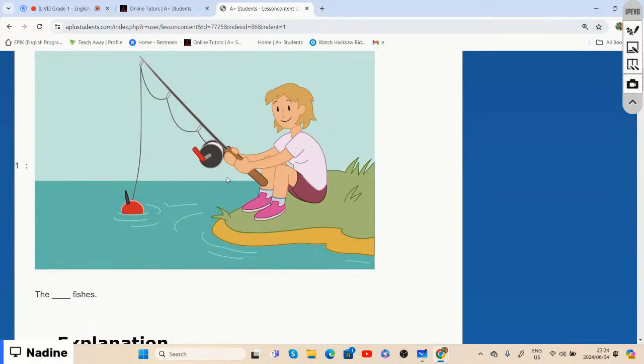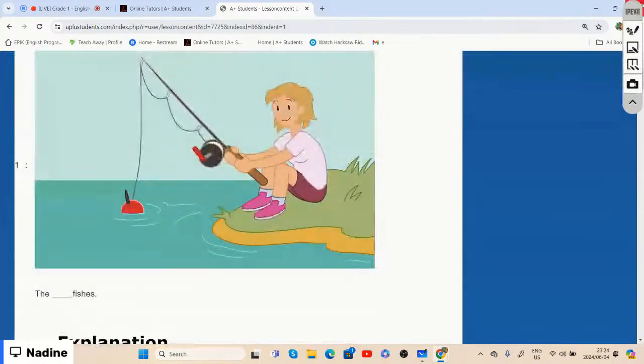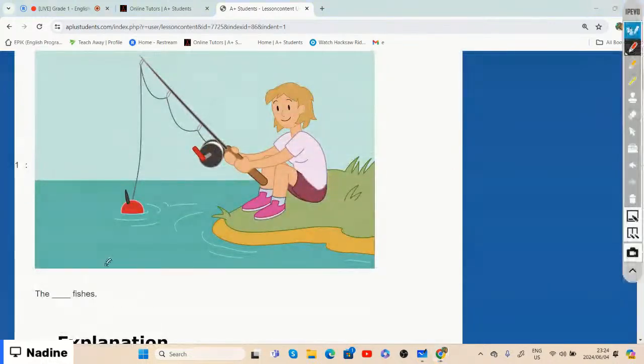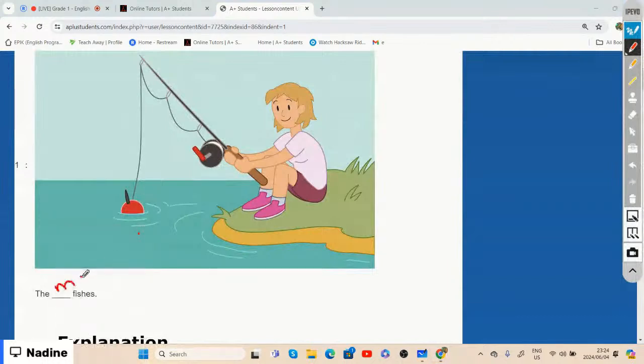All right. So if we were to identify who fishes, then we can either say the man fishes, or we can say the boy fishes, right? We can even say the girl fishes because I don't know if it's a girl, because they're showing some bodily parts there. Okay, let's even say the girl fishes because I can't seem to identify. Or is it because the shoes are purple?